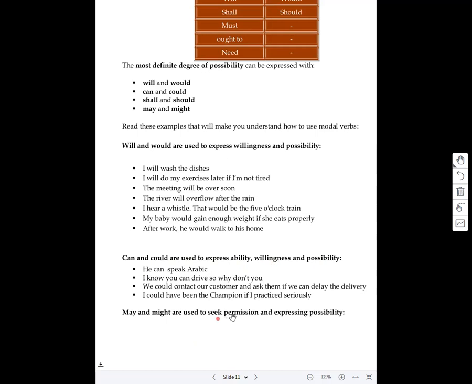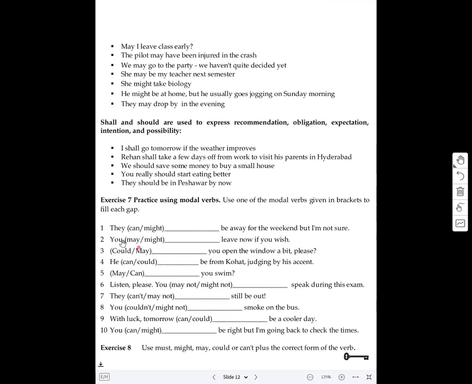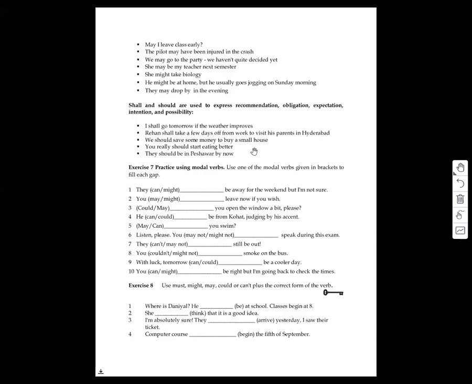And may and might are used to seek permission or to express possibility. So what will be the answer to the first option of this first exercise? The answer would be might, right? Because the person is not sure.